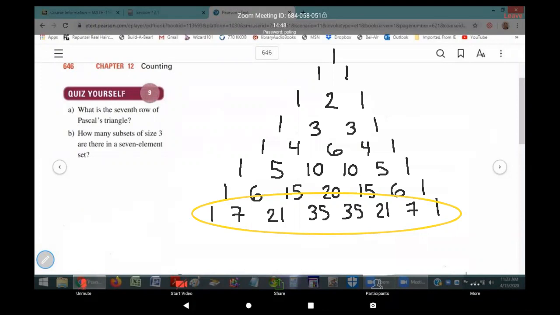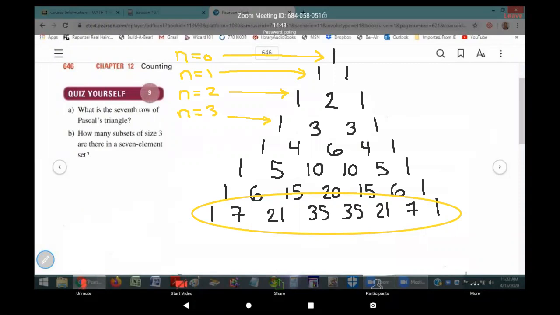How many subsets of size 3 are there in the 7-element set? Now, we count the number 1 as the 0th entry or the 0th row, whichever one you're looking at. So if we're talking about rows, we start counting at 0. N equals 1, N equals 2, row 3.